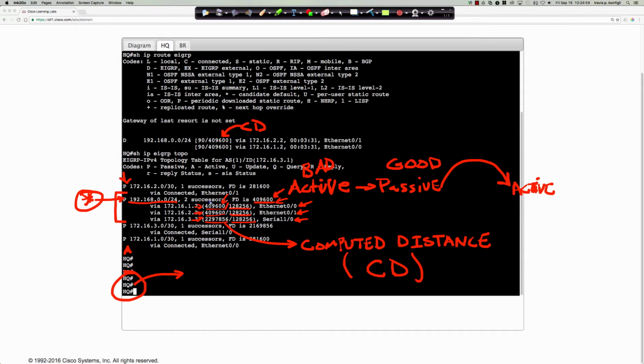And if anything changes during that time that doesn't force that successor route into the active state, it's the computed distance that we will see change. And so those are the important values. Now, in the show IP EIGRP topology table output, remember that if I don't use the option all links, what am I seeing?